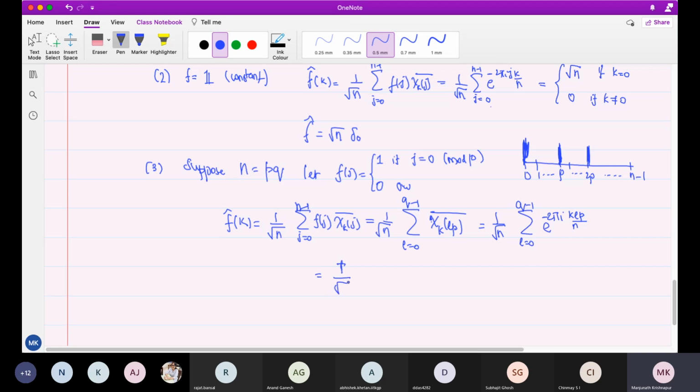This p by n becomes 1 over q, since n is p times q. So I'm getting e to the minus 2 pi i k l by q, summed over l equals 0 to q minus 1. It's again the same problem again and again. We have seen this before.